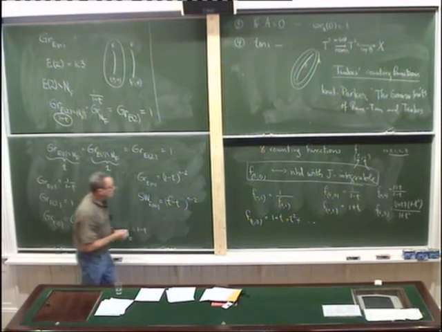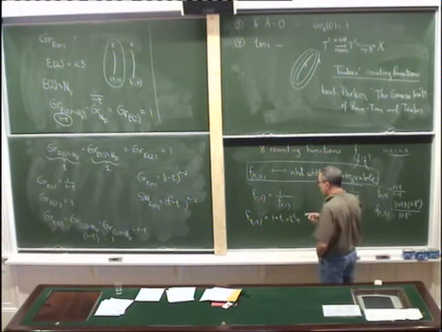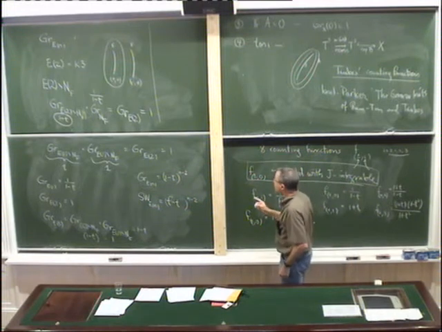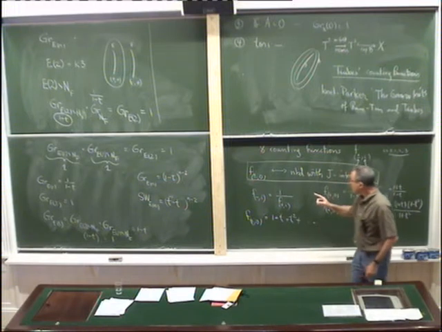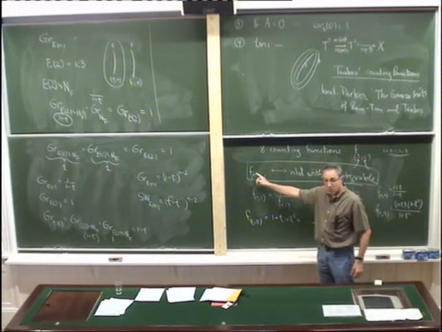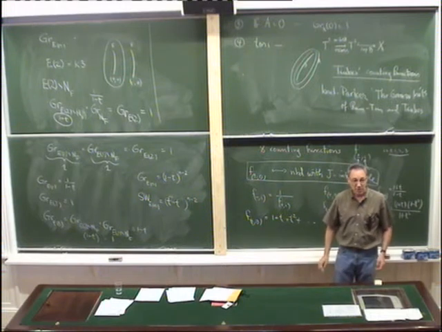Well, that makes it look like, and in fact we'll see in a minute, that this cokernel condition will mean that such a torus is a plus 0 torus in the symplectic situation.